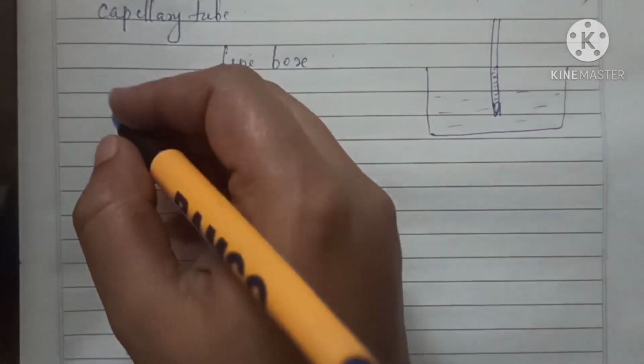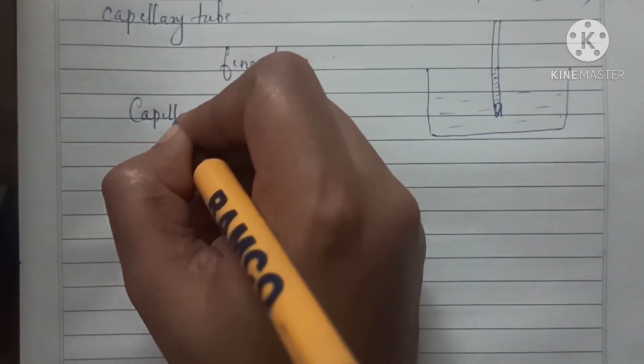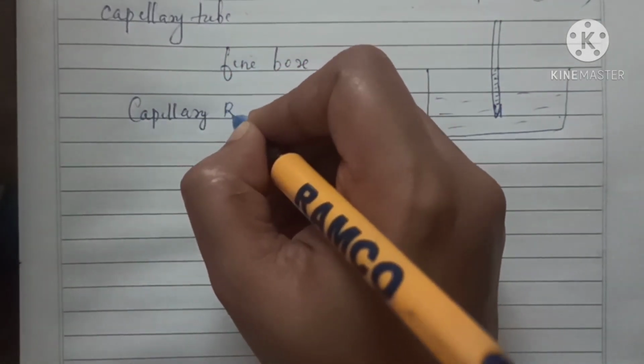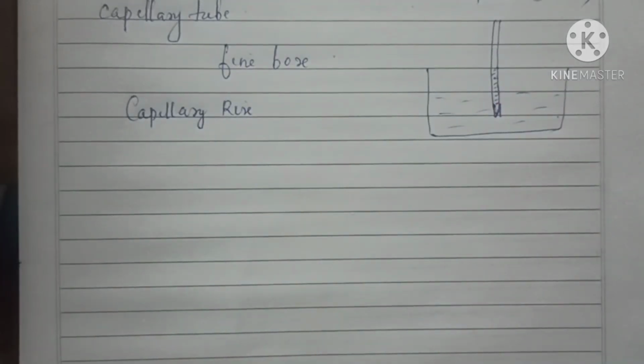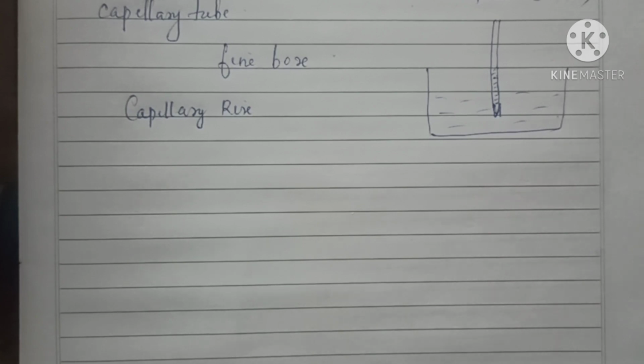So let us check the capillary rise happening inside a capillary tube when it is dipped in water. It is actually the application of the pressure difference across a curved surface. That is why water rises up in a narrow tube like a capillary tube in spite of gravity. Understood? So because of a certain pressure difference, liquid rises in the capillary tube even though gravity is there.